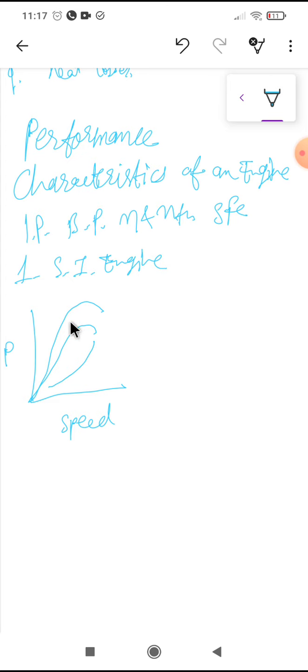Here you can see that there are three lines drawn on the graph of power versus speed. On the x-axis there is speed and on the y-axis there is power in kilowatts. This line is indicated power. This is brake power. As you can see, the indicated power will always be greater than the brake power.